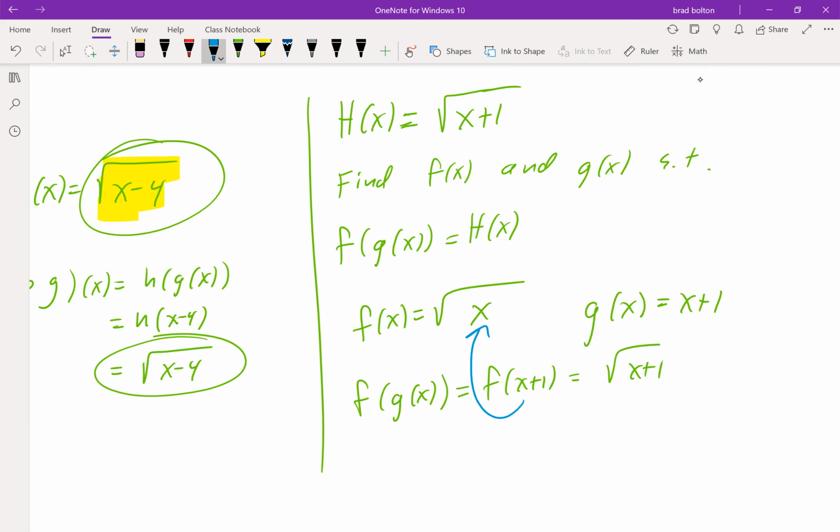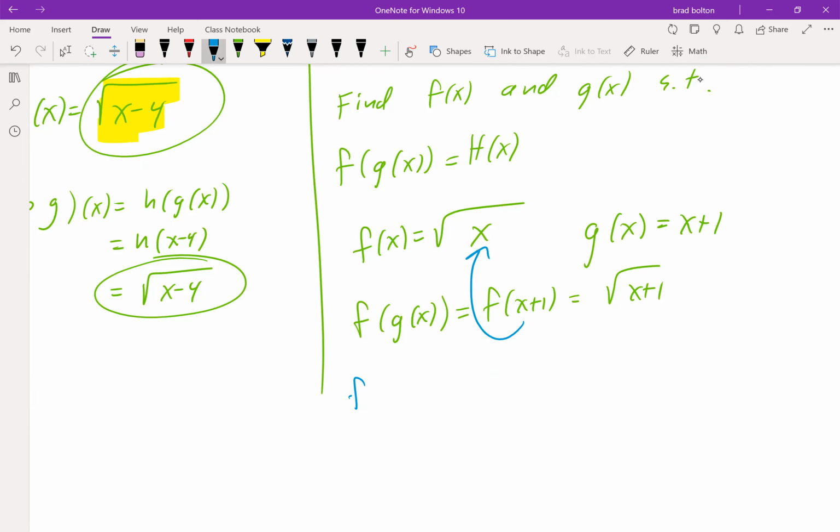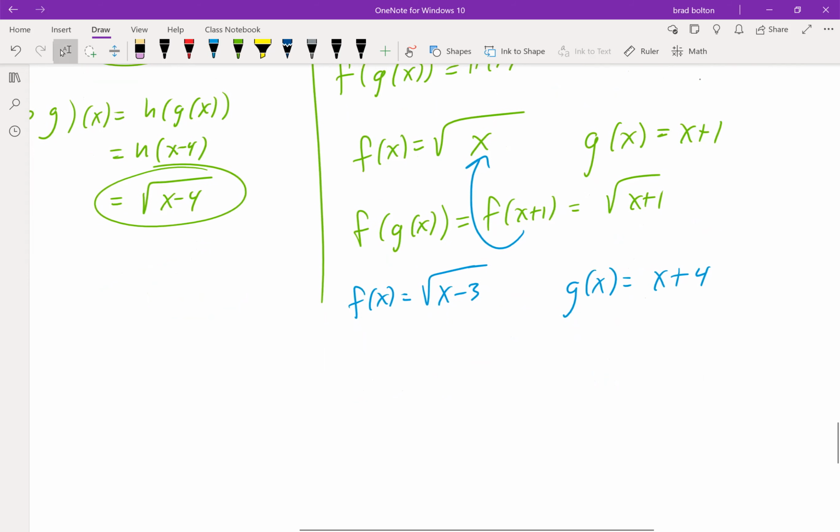But here's the problem. I could do another one. What if f of x was worth the square root of x minus 3, and g of x was worth x plus 4, okay? So now let's do f of g of x. I'm going to take f of x plus 4, and this is the square root.